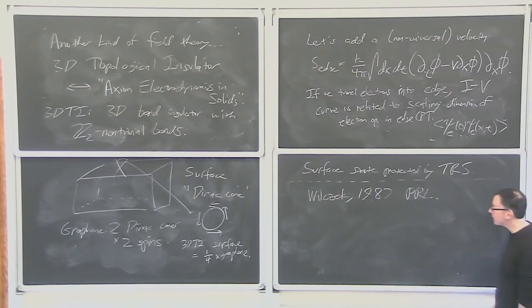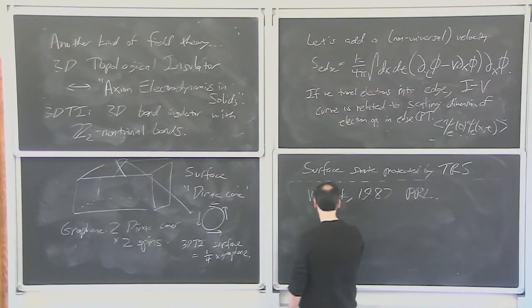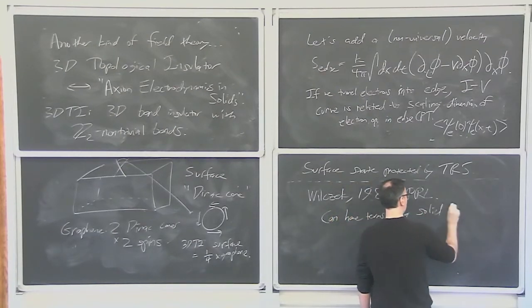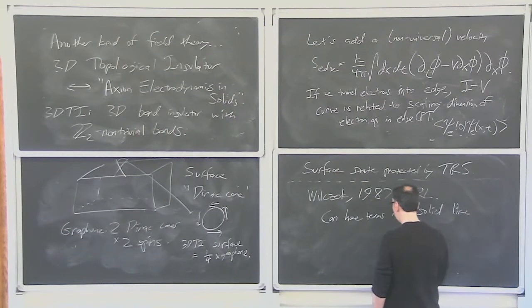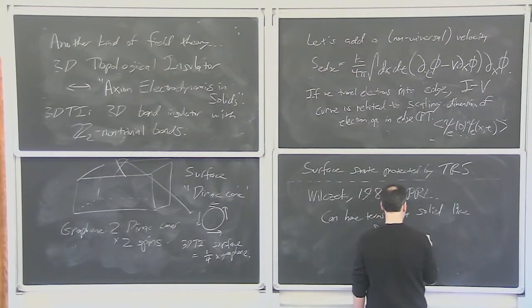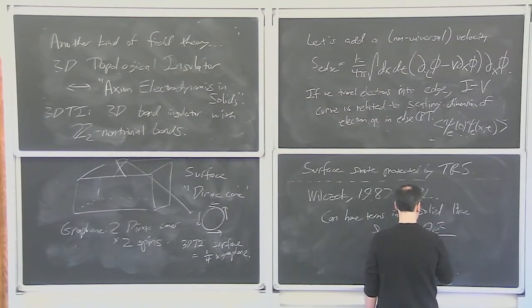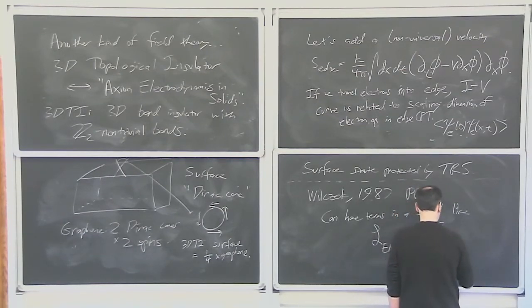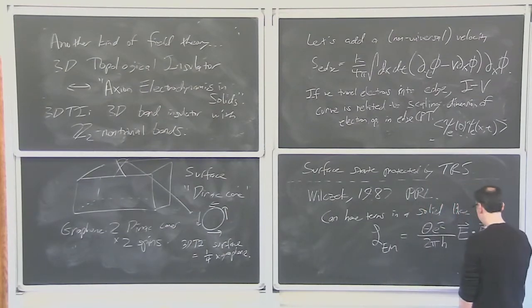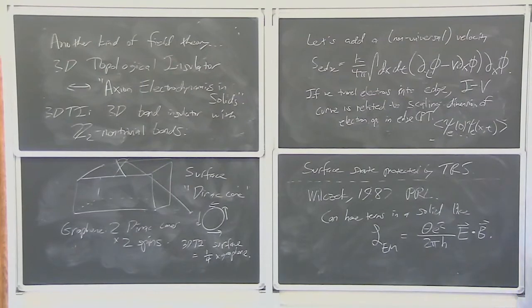But if you have a solid of low symmetry, like a so-called magnetoelectric solid, let me imagine a term which is like E dot B, where these are just the electromagnetic E and B fields.